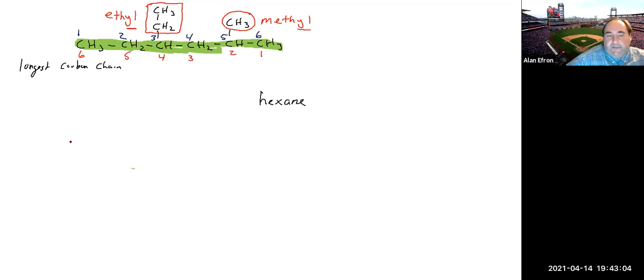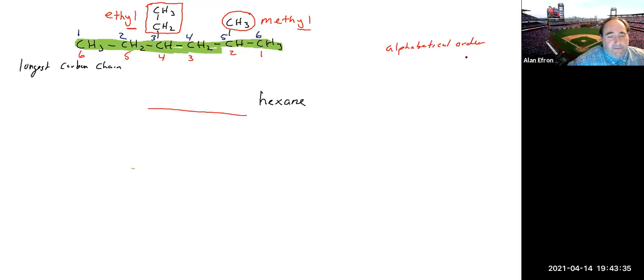So you may ask yourself, which way should I choose? Well, we actually have 2 different groups here. And when we put the groups in our name, we want to do it in alphabetical order, which means we want to number whichever way gives our groups the smaller numbers, but we do want to put them in alphabetical order.